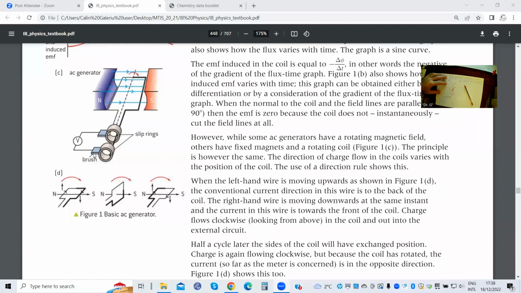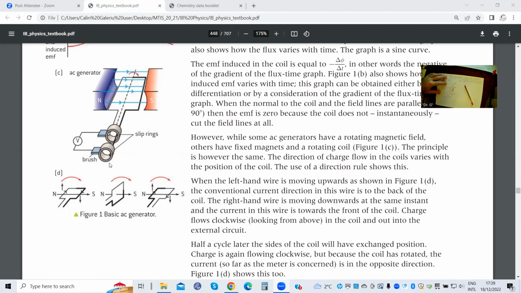So these are the brushes, some slip rings, and this allows the coil, the loop of wire, to rotate without having the connections twist and break.